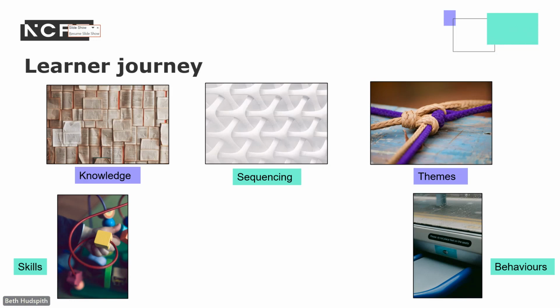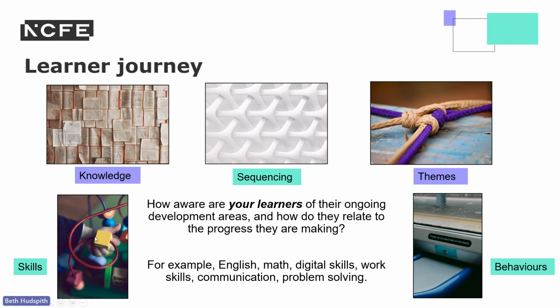Yeah. So we'll be aware of the qualification content which is within your curriculum, and you'll be planning your order of delivery, but it's also important to remember the whole learner journey, and this includes the knowledge, skills and behaviours that learners need to be successful in their chosen industry area. So we've added here some areas which you might find important and include.